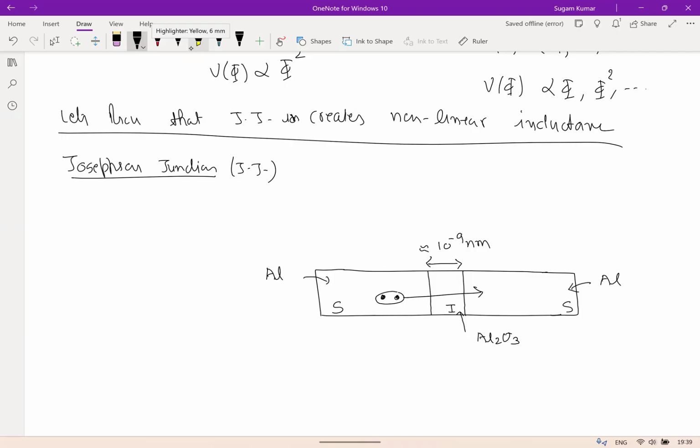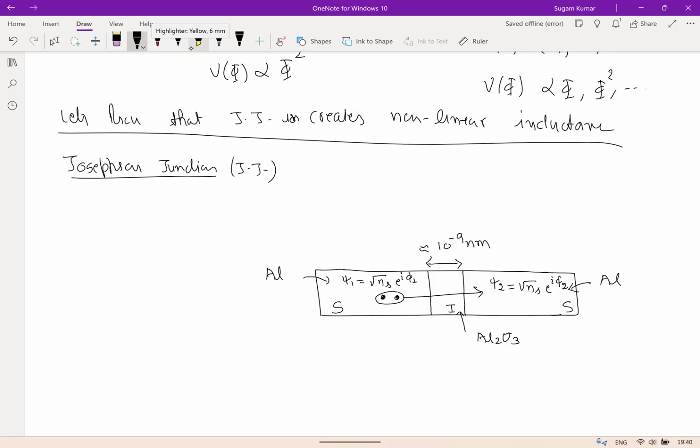And here, the wave function of the Cooper pair is psi 1 equals square root of ns e power iota phi 1, and here I can call psi 2 equals square root of ns e power iota phi 2. So there is a tunneling of Cooper pairs across the superconductor, insulator, superconductor Josephson junction.